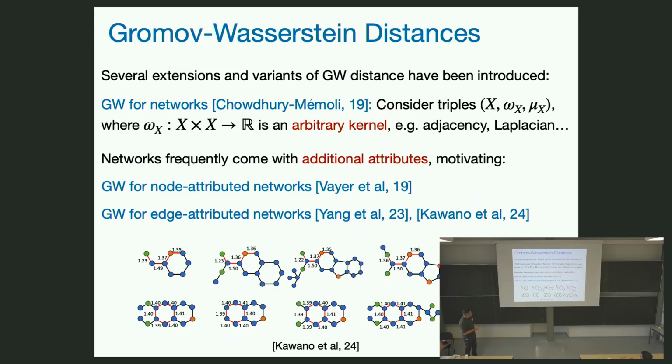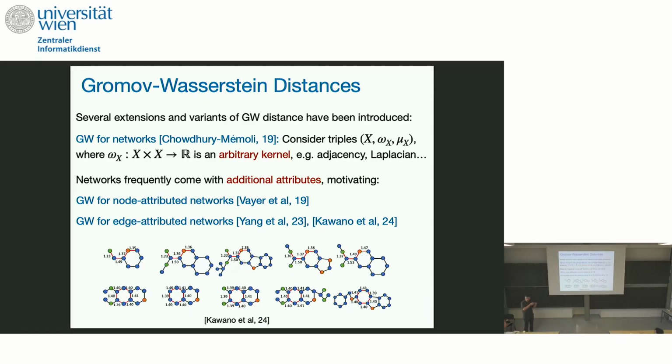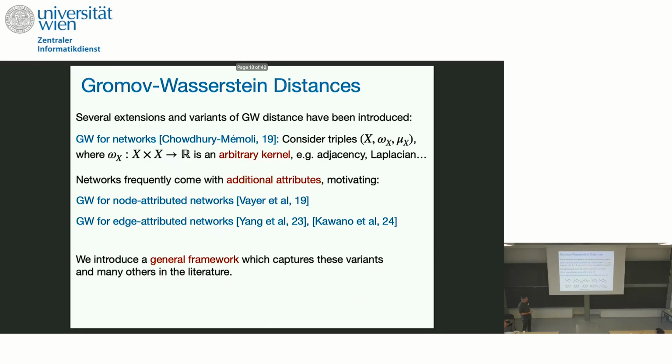So I won't give you the detailed formulation, but you can extend Gromov-Wasserstein distance to handle that situation. Basically, the idea is like there's a Gromov-Wasserstein component, which is able to compare the graph structure, and then there's kind of a Wasserstein component which compares attributes, because the attributes typically live in a common metric space.